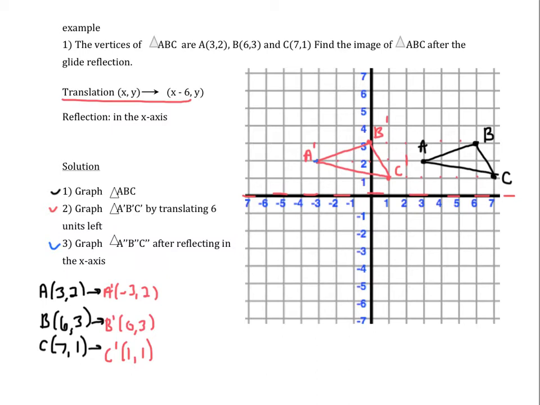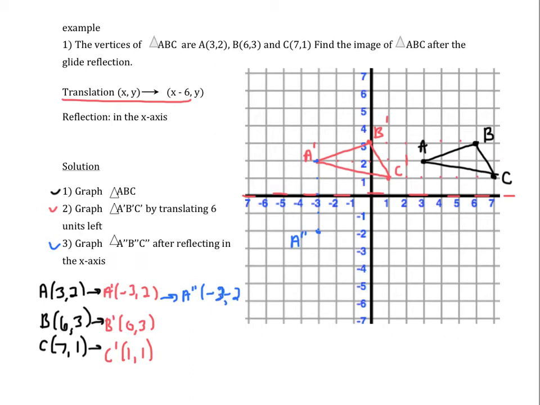So A prime is here 2 units above our line of reflection, so we want to come directly below A prime by going 2 units below our line of reflection. And so there's A double prime. And it has coordinates of -3, -2.